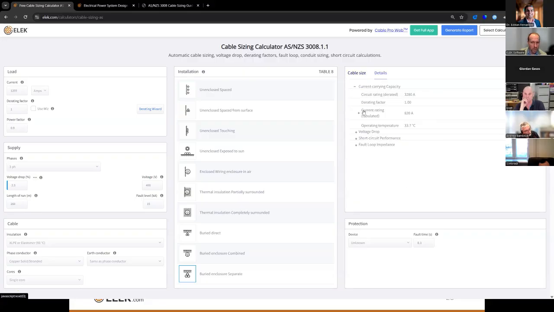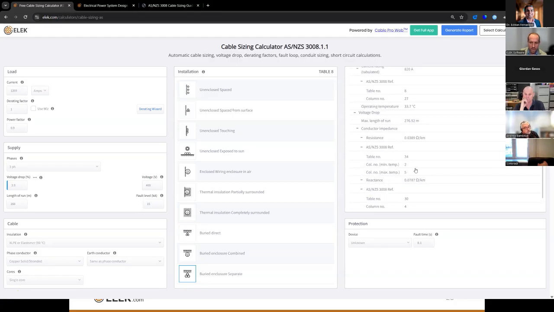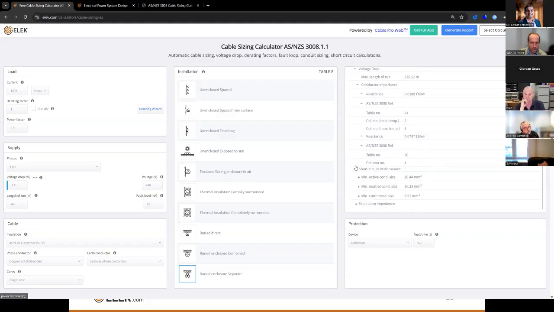And you've also got all the details of the calculations here. The table and column number, the operating temperature, maximum length of run, impedances, resistance and reactances, and short circuit performance, fault loop impedance as well.